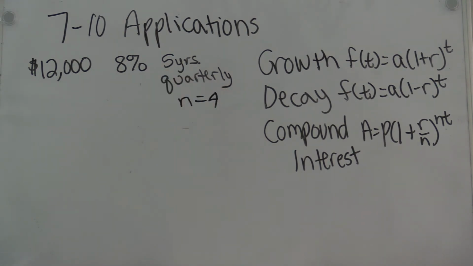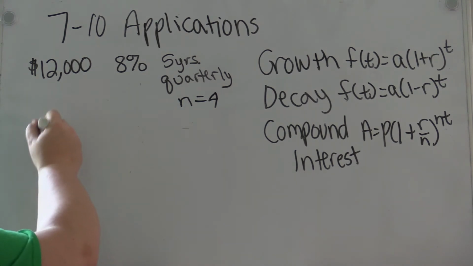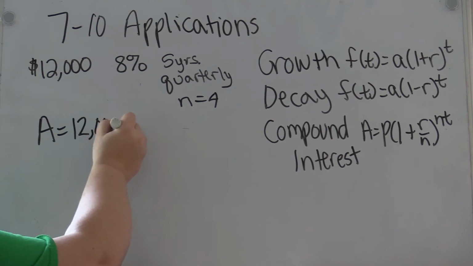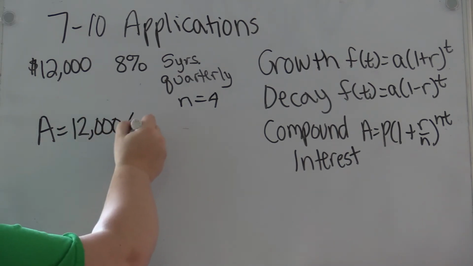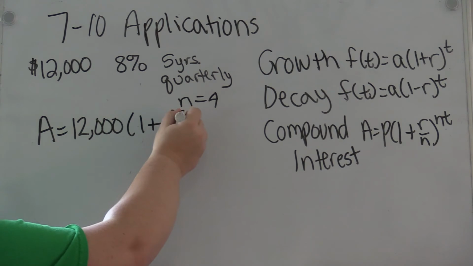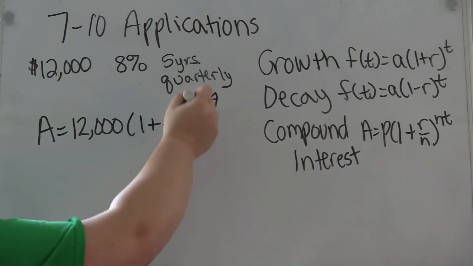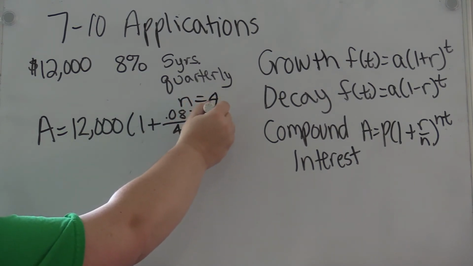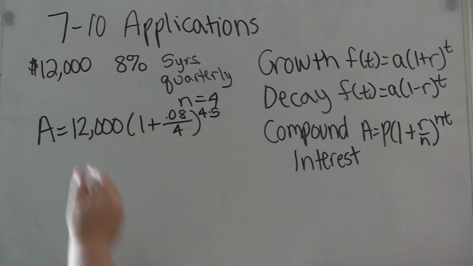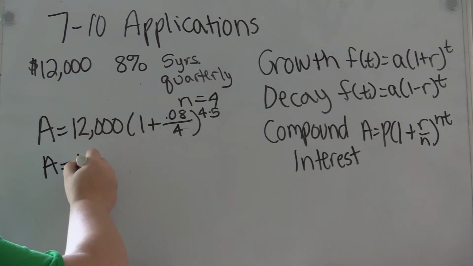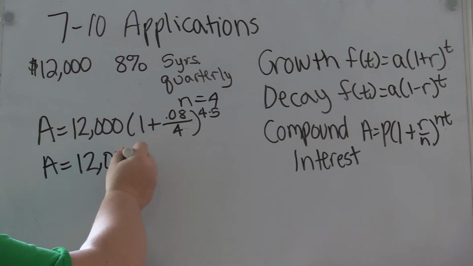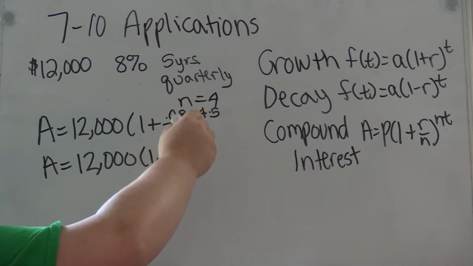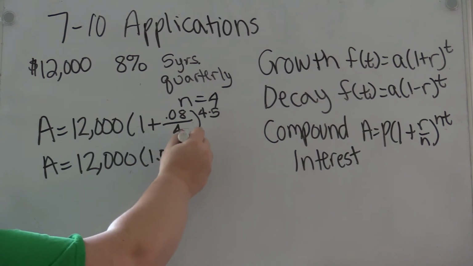So we're going to find A when our principal amount starts at $12,000. And then we have 1 plus 0.08 over 4 to the 4 times 5. So A equals 12,000 times 1.02 raised to the 20th power.